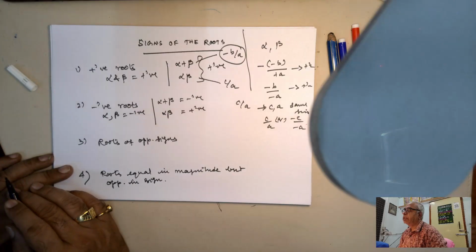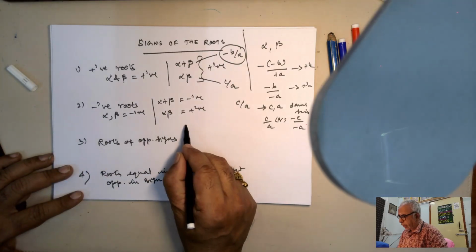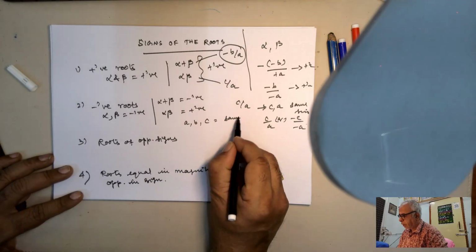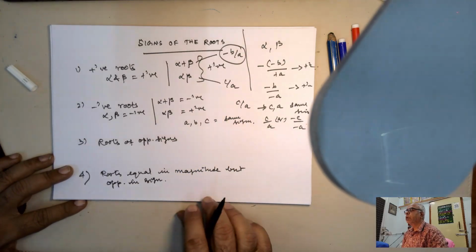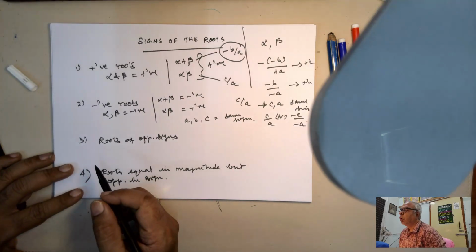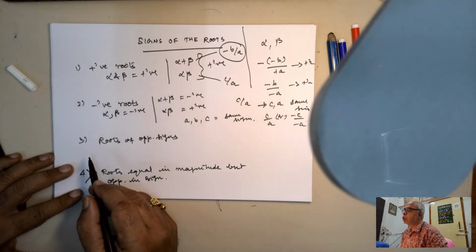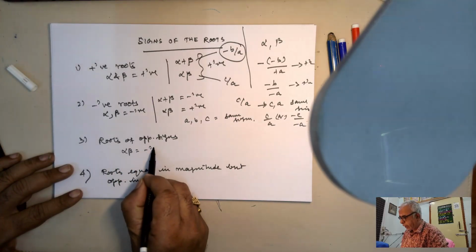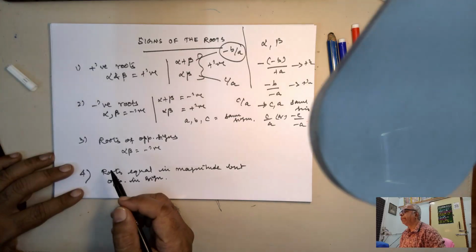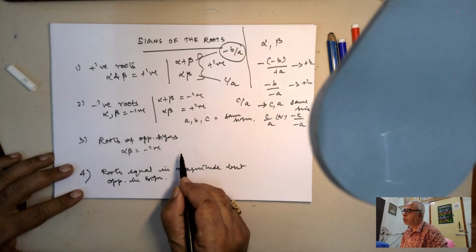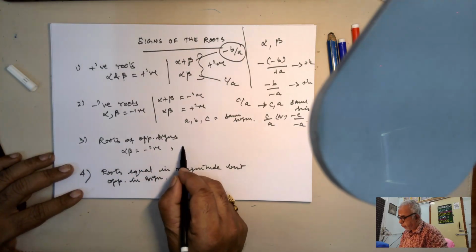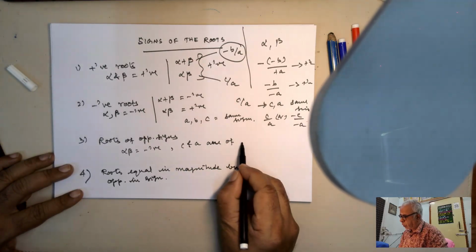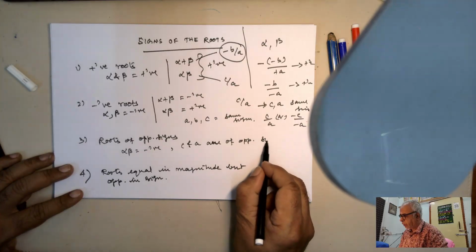It means a, b, c are all of the same sign. Then the third possibility, roots of opposite signs. It means in this case, alpha beta is negative. That is, C and A are of opposite signs.